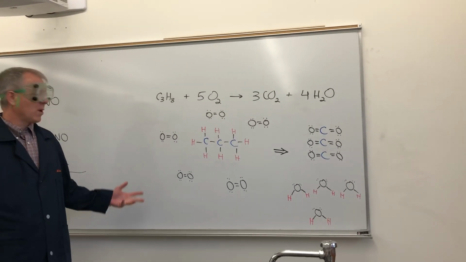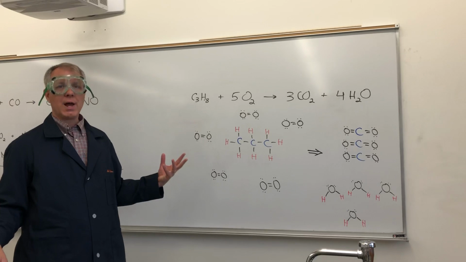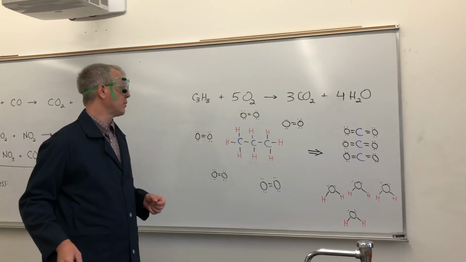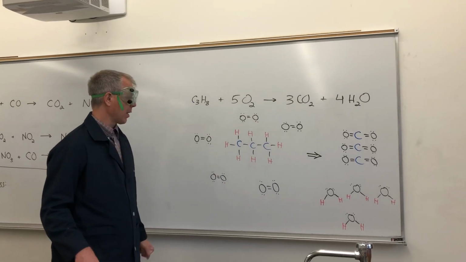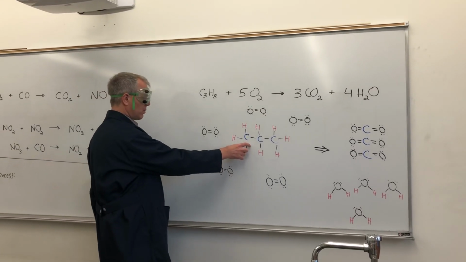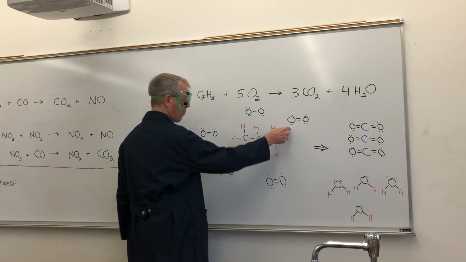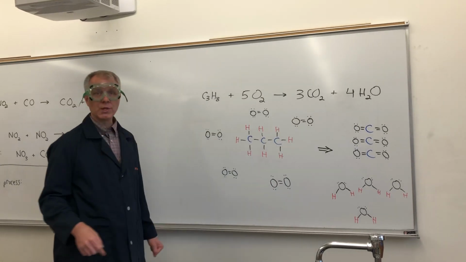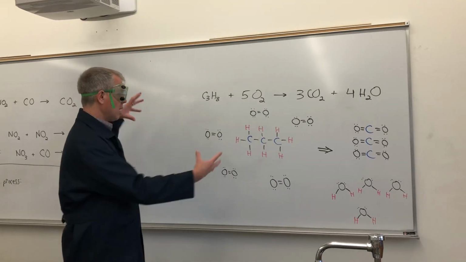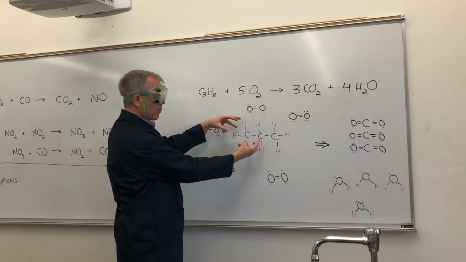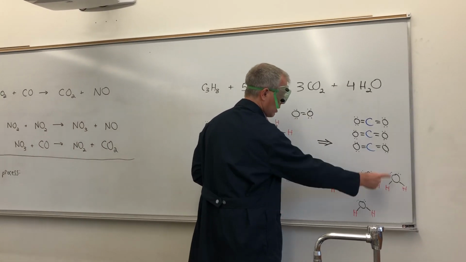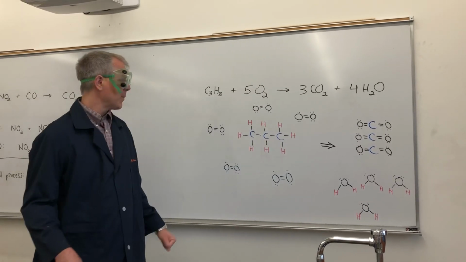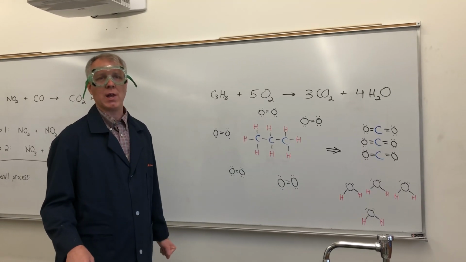So let's think for a minute what that would need to look like for that to happen in a single step, just one collision, making all of that stuff go. All right, so we've got a propane molecule. We've got 1, 2, 3, 4, 5 oxygen molecules. And so let's see if we can imagine 5 molecules colliding with propane and breaking apart as 3 CO2s and 4 H2Os. That's pretty tough to conceptualize, right?